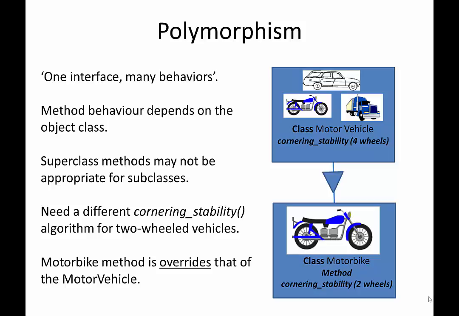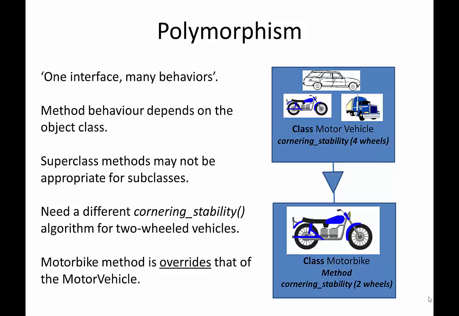So if we want to calculate whether we're going to do a roll as we go round a corner on a racetrack or whatever, then we need to measure the stability. We need to decide, is it going to roll or is it not going to roll? So for the vast majority of vehicles, in this case cars, trucks, but we might have caravans, all the other types of 4-wheel vehicles there, they all perhaps share an algorithm that calculates cornering stability based on 4 wheels.